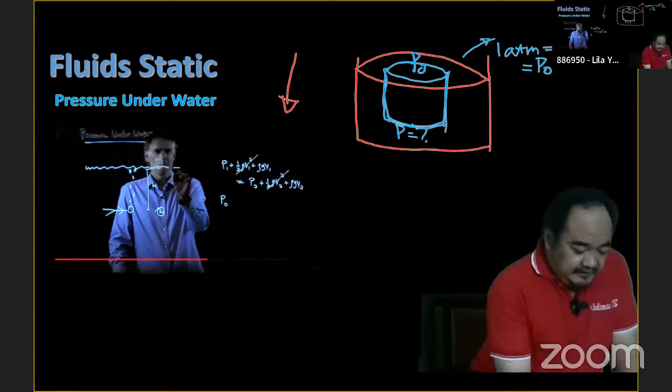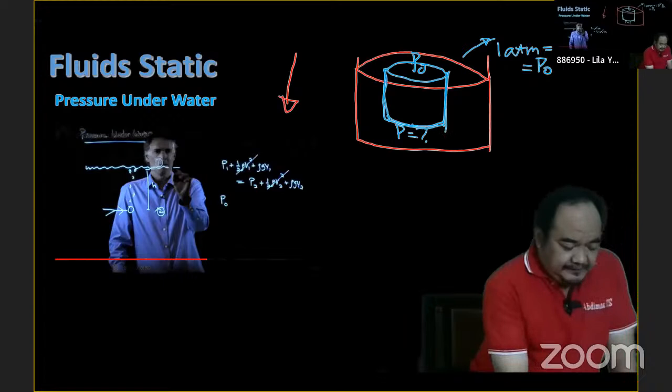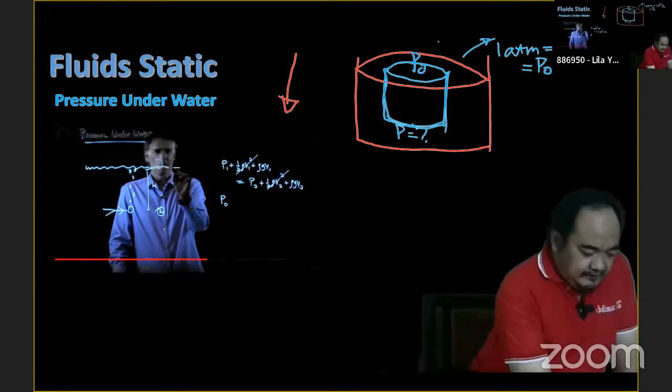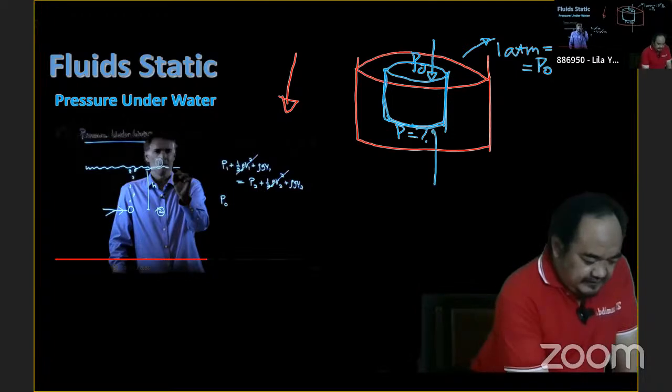The direction of the pressure on the top is downward, and the direction of the pressure at the bottom is upward.